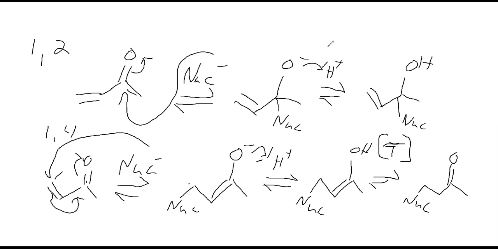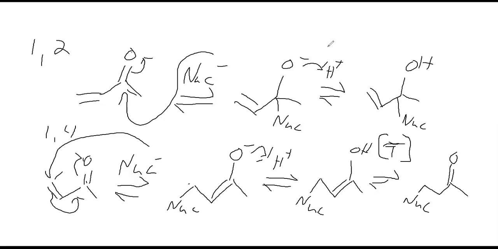So, in this case, we can see protonation occurring either on the oxygen or the alpha carbon. Now, this reaction is called the Michael addition, where the unsaturated ketone is a Michael acceptor, and the nucleophile is called a Michael donor.